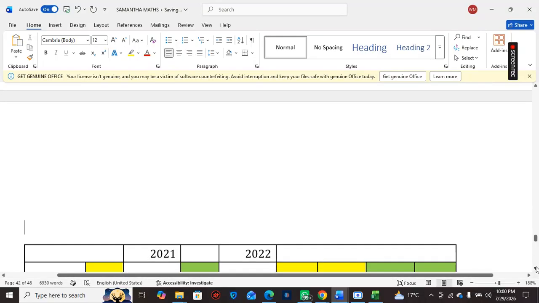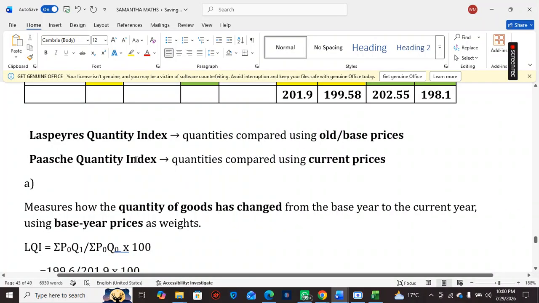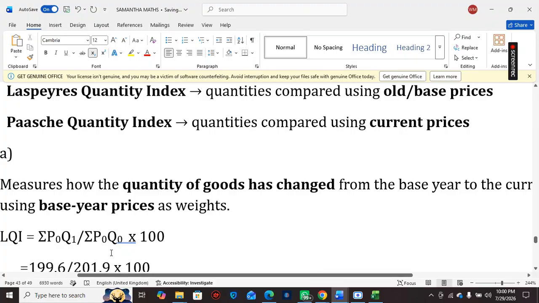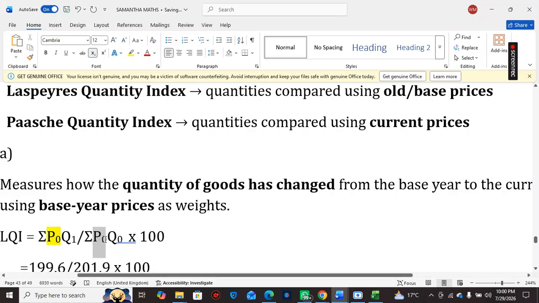Okay, so we're now going to use the formula to get first our Laspeyres quantity index. We're just seeing how quantities have changed over the years using the base prices. So have you seen the formula here? Since we said we're using base prices to measure how quantities have changed, have you seen we're using P0 here and P0 here?